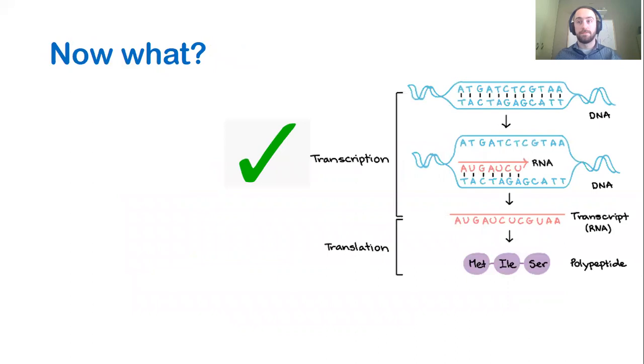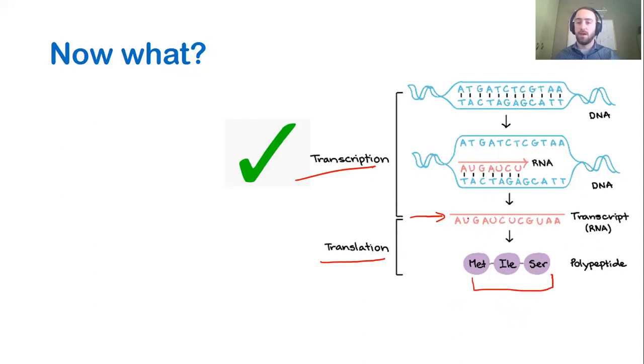Great, so now that we have our RNA strand, now what? Well, transcription's done, and now we're down here. So this is our mRNA, our messenger RNA strand. Our messenger RNA strand goes through translation to get to our proteins, right? And our proteins are just amino acid sequences. That's all a protein is.